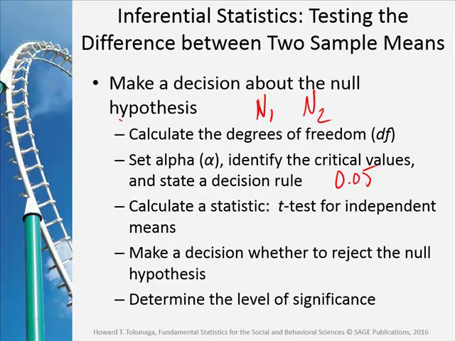What magic number am I looking for if I have a ton of observations? 1.96. But let's say I don't have a ton of observations. What do I have to use instead? I have to use that t-table thingy. So again, depending upon our sample size, it depends on which test we're going to use.